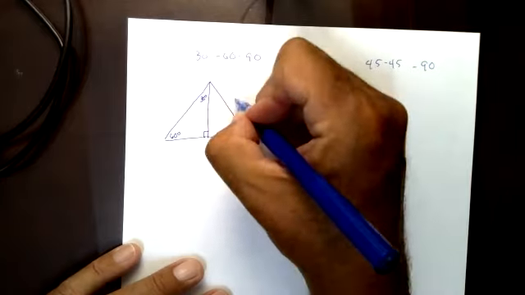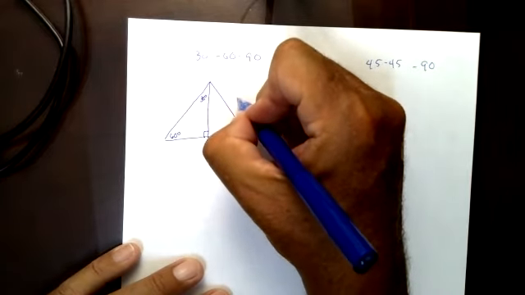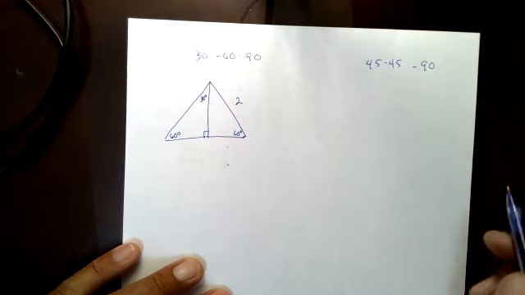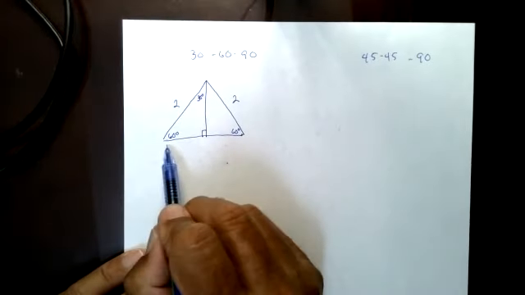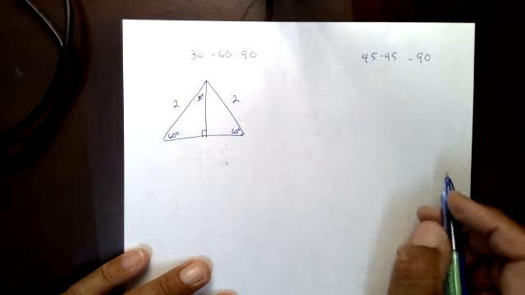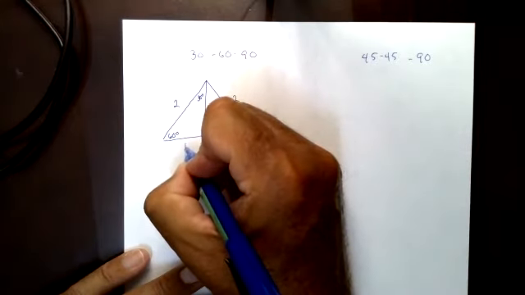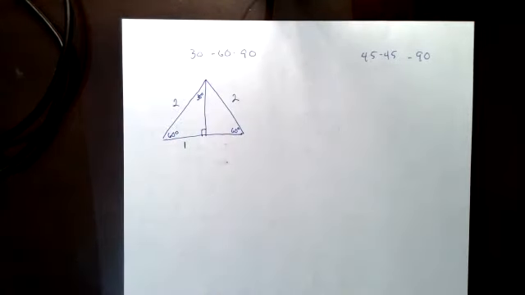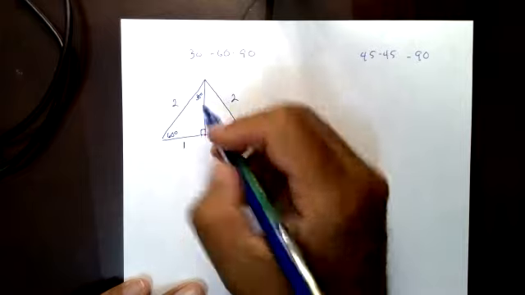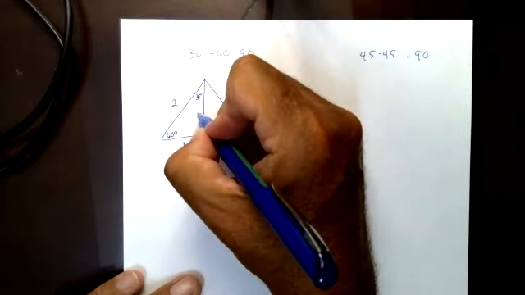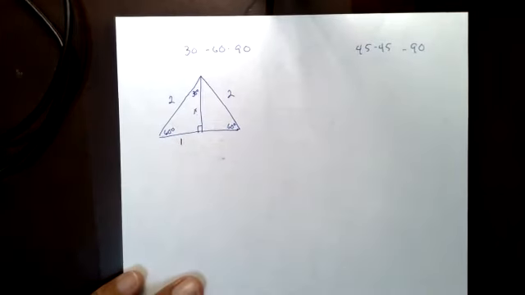Now I'm going to also come back and say, well, let's make this side right here length 2, which means this side is of length 2, which means this entire side is also a length 2. But I cut this bad boy in half, so I'm going to make this side of length 1. Using the Pythagorean Theorem, I'm going to give this the value, we'll just call it x.